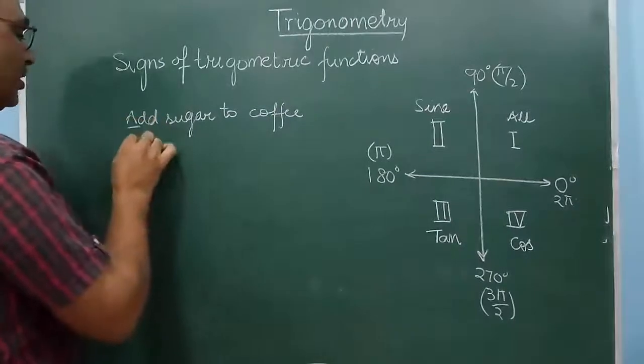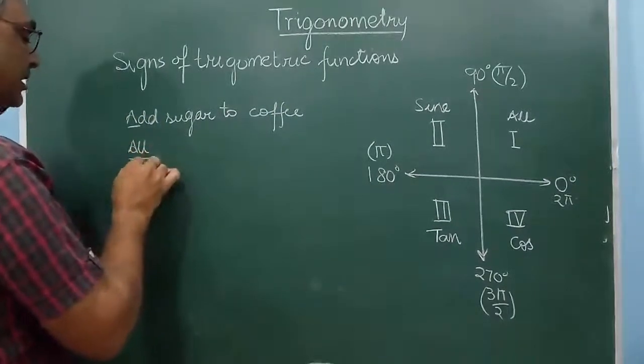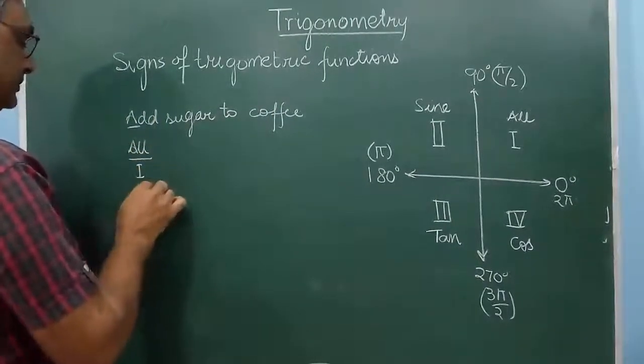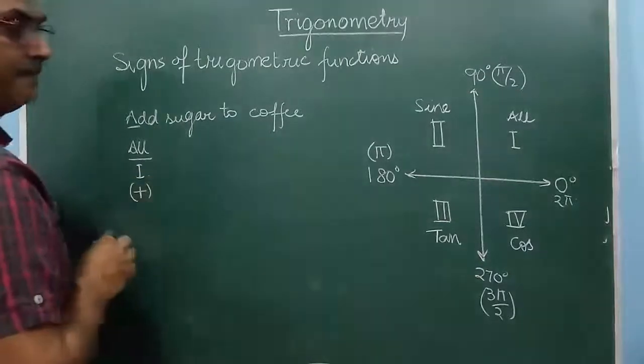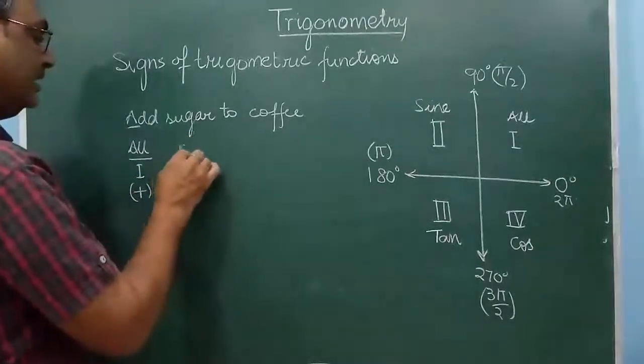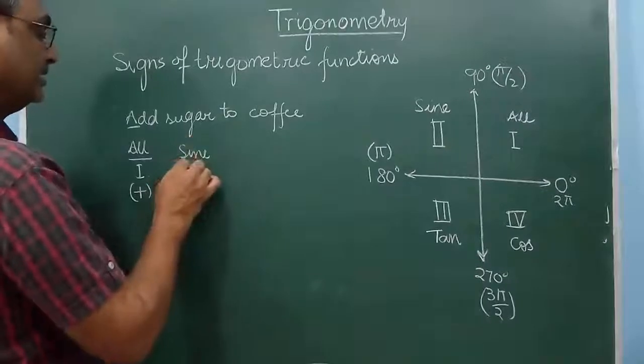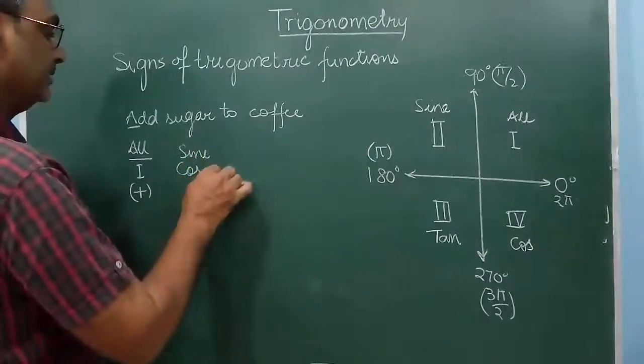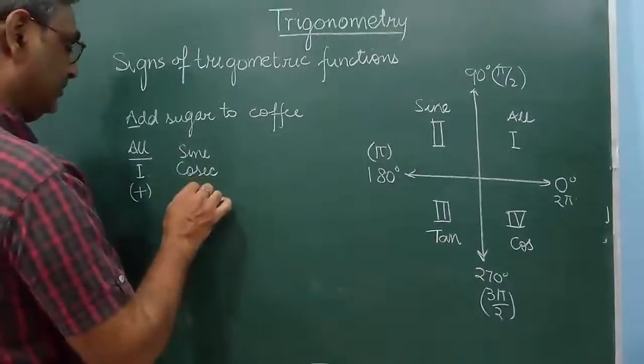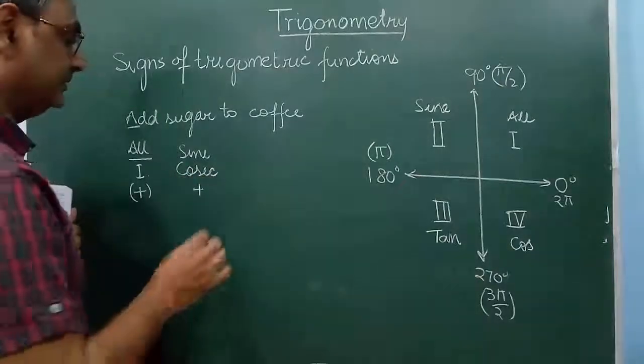Add means all. In the first quadrant, all are positive. Here in the second quadrant, sine and cosec are positive, rest are negative.